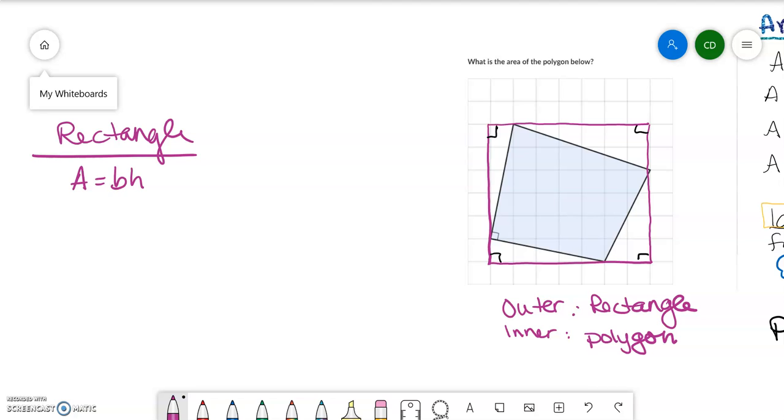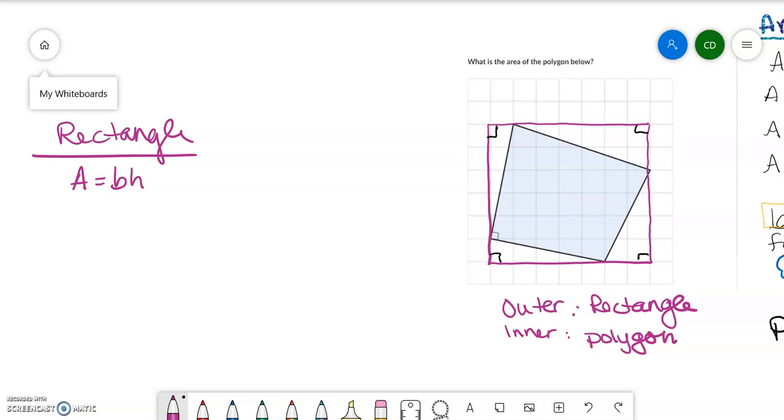The base, and remember, bases and heights have to be perpendicular. When you go to the doctor and you get your height taken, you don't stand at a weird angle. You stand up straight and tall so that your body makes a 90-degree angle with the ground. You need to have that 90-degree angle. So I'm going to use this side and this side that make a 90-degree angle, right? That L, to find my base and height.